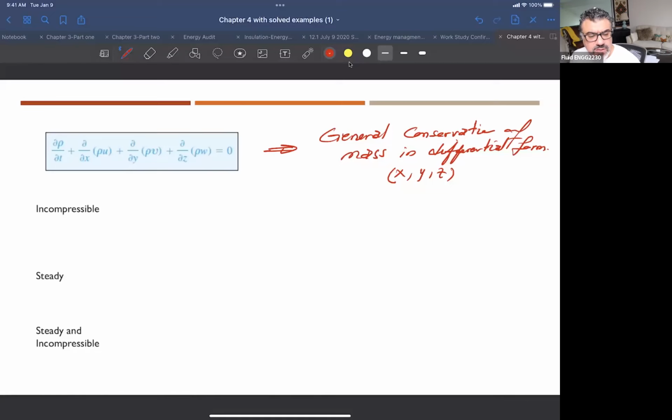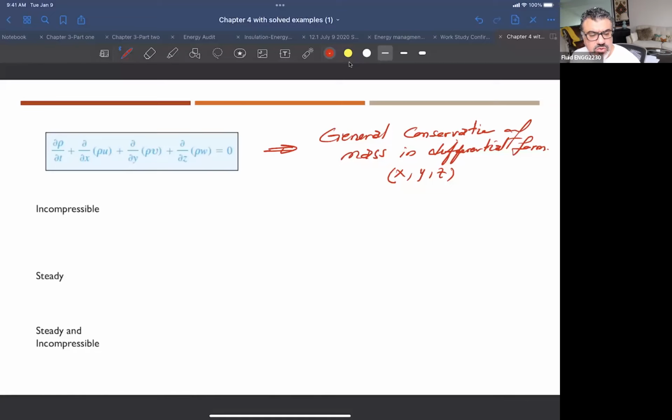Okay. So now, if I have an incompressible fluid, can I reduce this equation slightly? What does incompressible mean? Incompressible means density is constant.